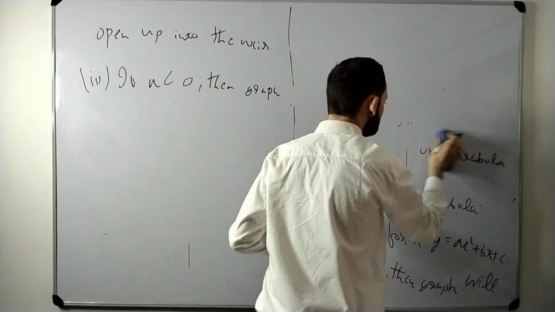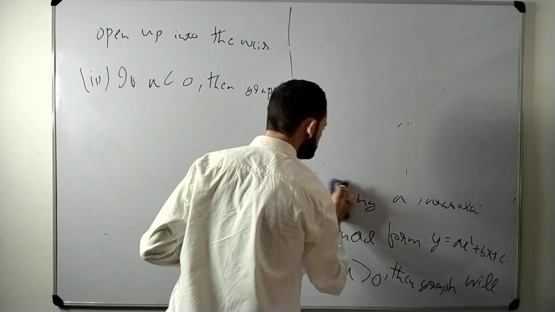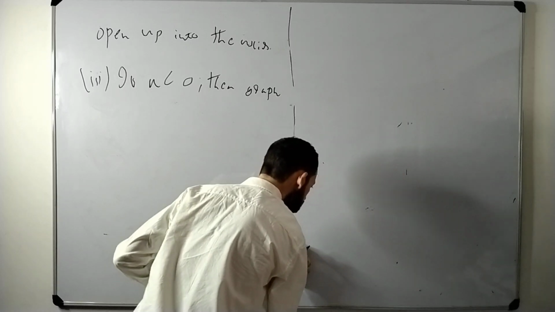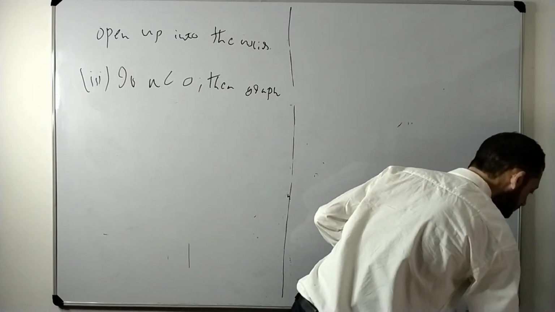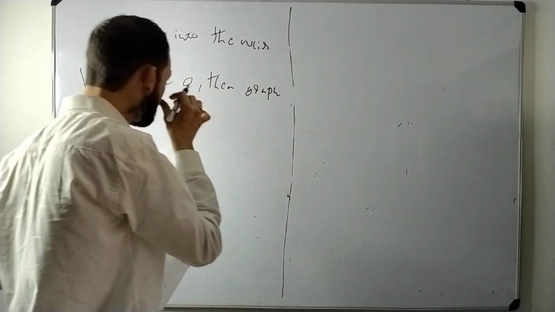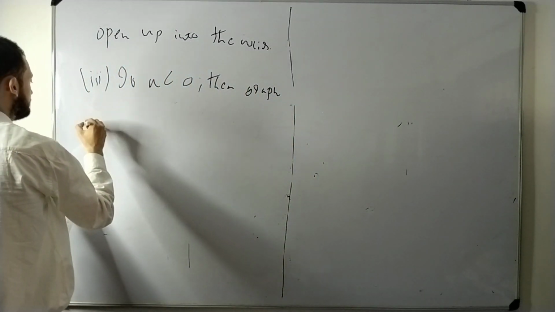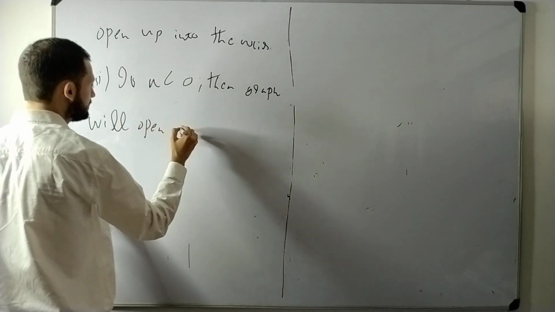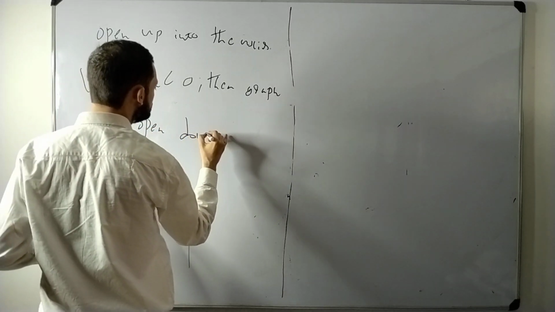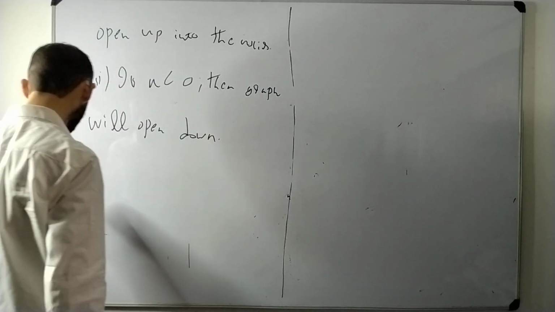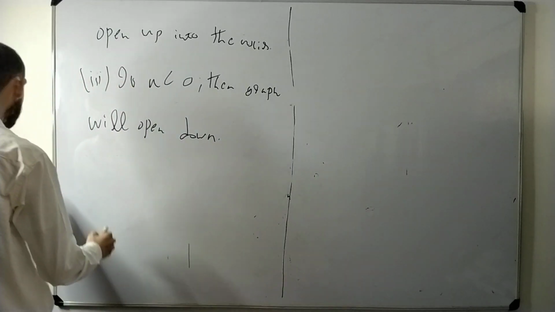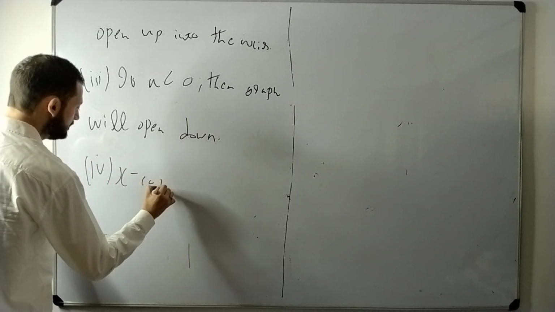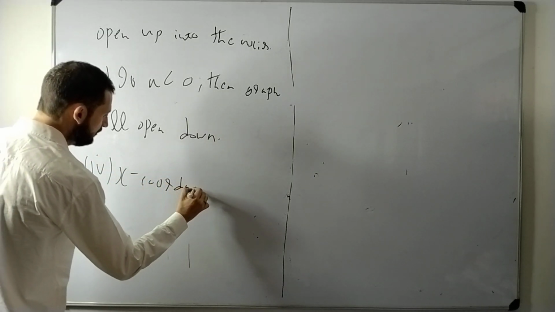So this is the thing. Then the graph will open down into the axis. Fourth, the x coordinate of the vertex.